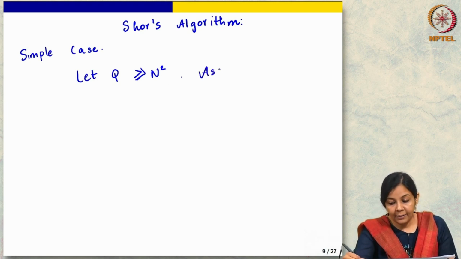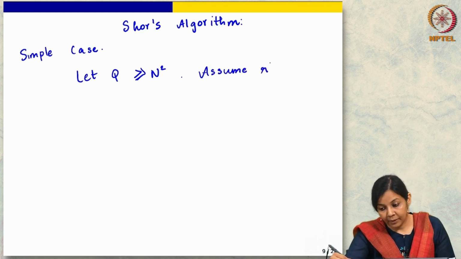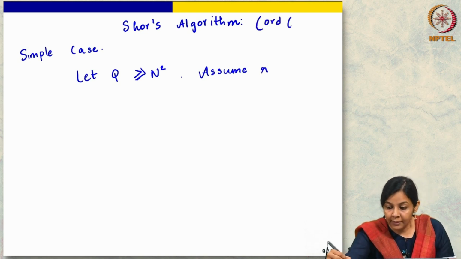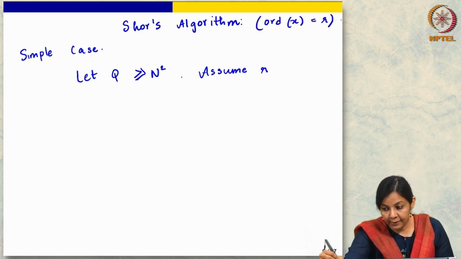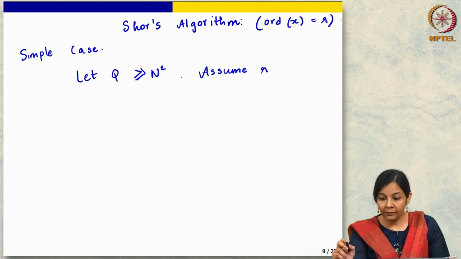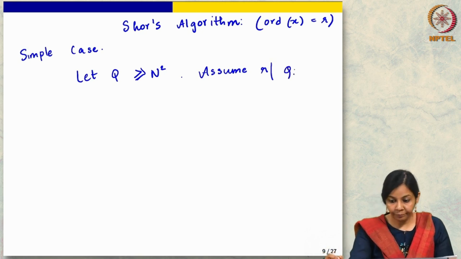Shor's algorithm is going to let us compute the order of x, which is what we wanted according to the previous theory that we developed. I am going to assume that r in fact divides Q.